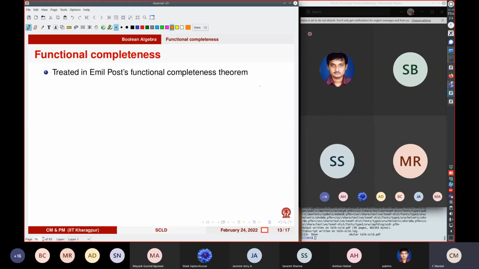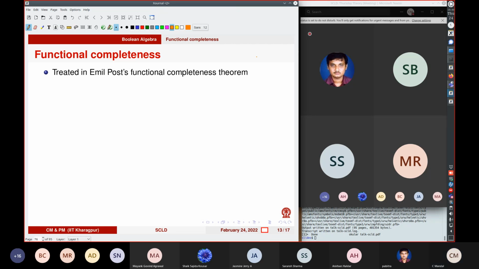Now we will take a look at another aspect which is called functional completeness.